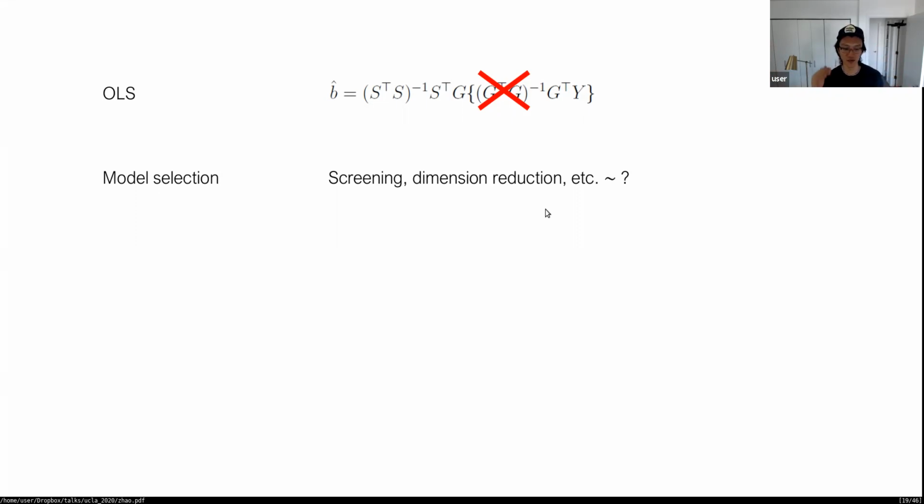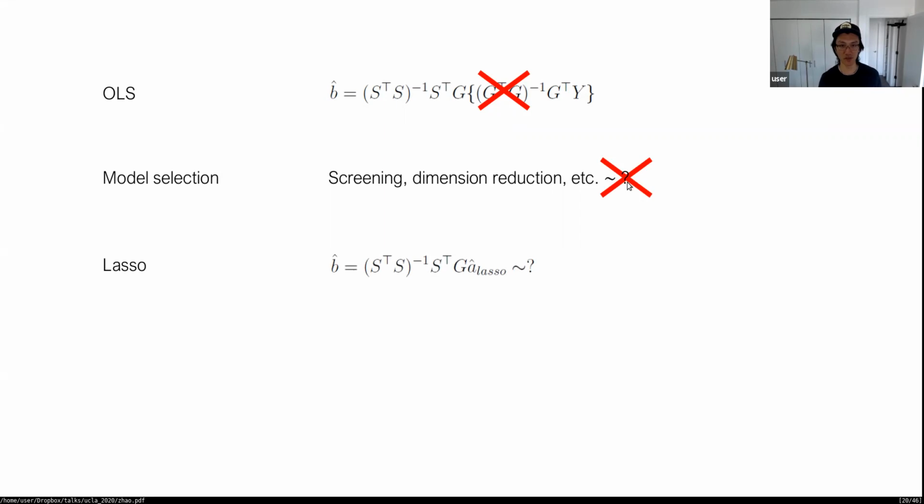Other people have tried PCA, where you find the principal components and project the gene expression down to the top couple of principal components, giving a low dimensional situation. The issue is that screening doesn't take into account the post-model selection inference issue. With dimension reduction, the model is actually different from the one you wrote down. So we weren't super happy with how those worked.